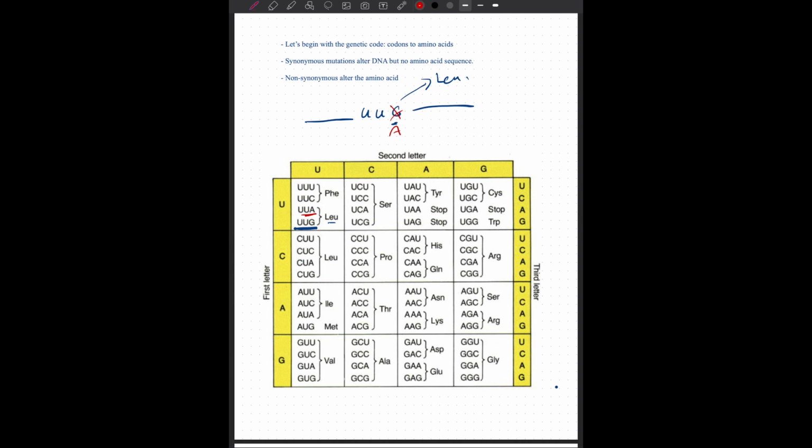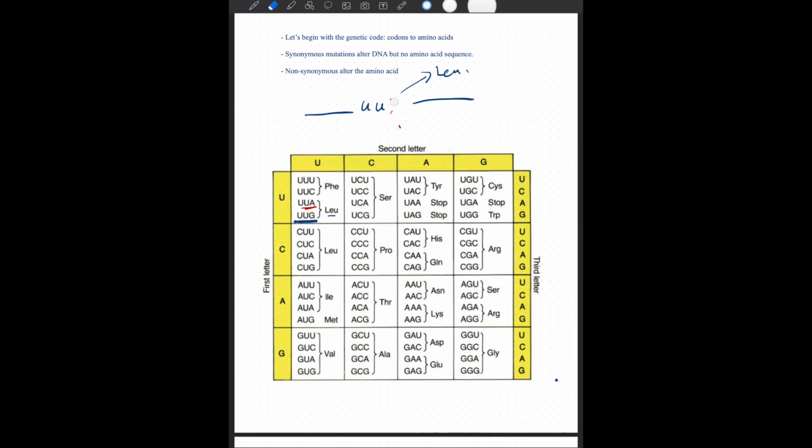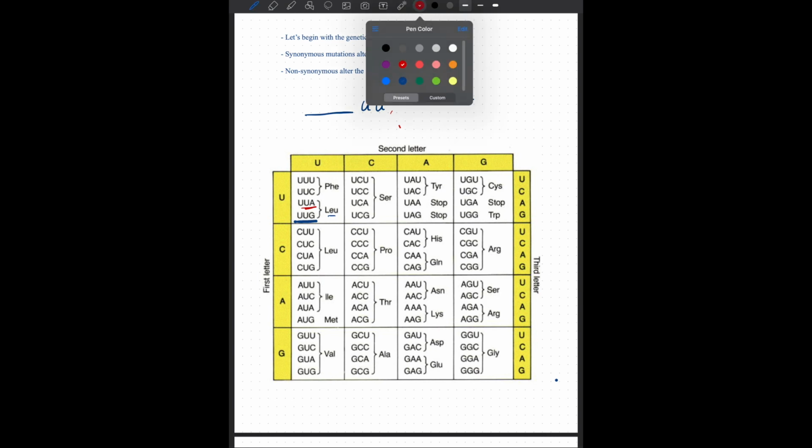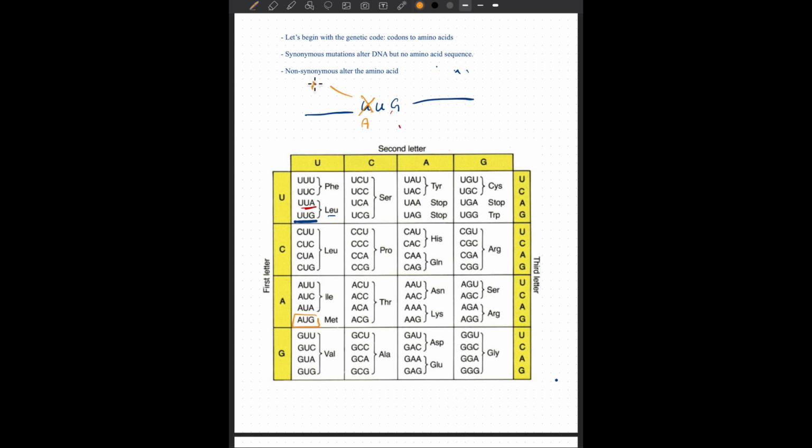However, if I go back here and instead mutate my first nucleic acid to an A, I now have an A, U, G, which codes for methionine.